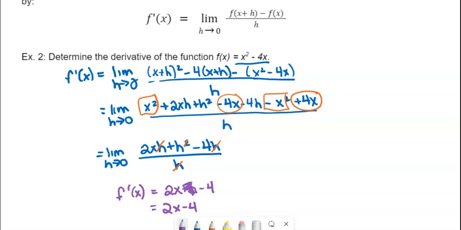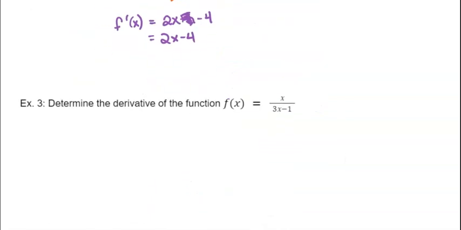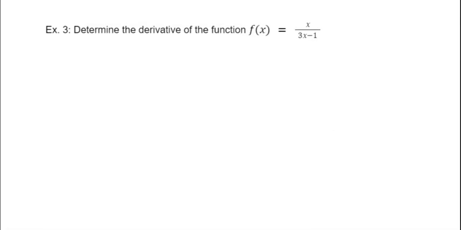Let's do one more that's a little bit more complicated. We've got a rational function, so we've got something on the top and something on the bottom. So f prime at x is the limit as h approaches 0. I'm going to use two sets of brackets here.